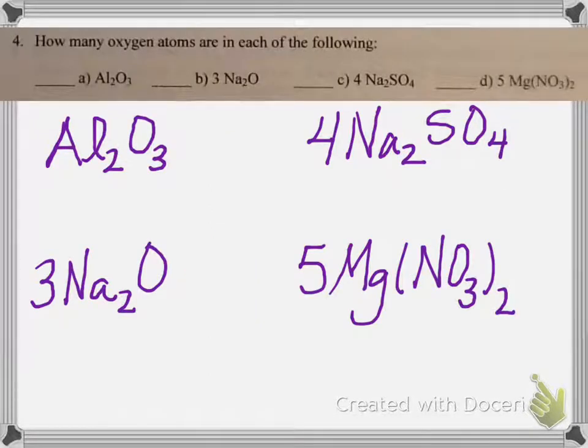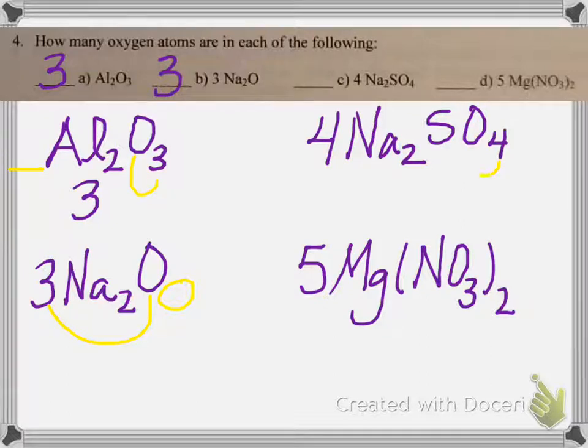Number 4, how many oxygen atoms are in each of the following? So 3 oxygen, there's no coefficient here, so this just has 3. There's no subscript here, so that's a 1, but there's a coefficient in front of a 3, so that is 3 again.